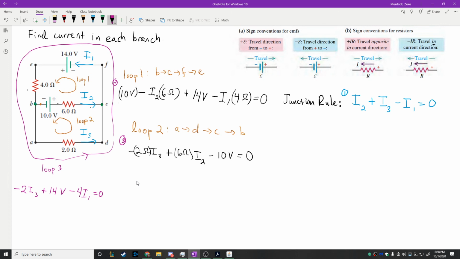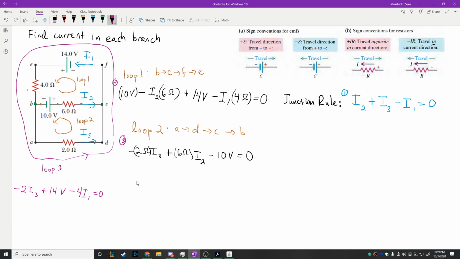What do you notice about those 3 equations? Loop 1 plus loop 2 equals loop 3. I think that's right. I'm pretty sure that's correct.